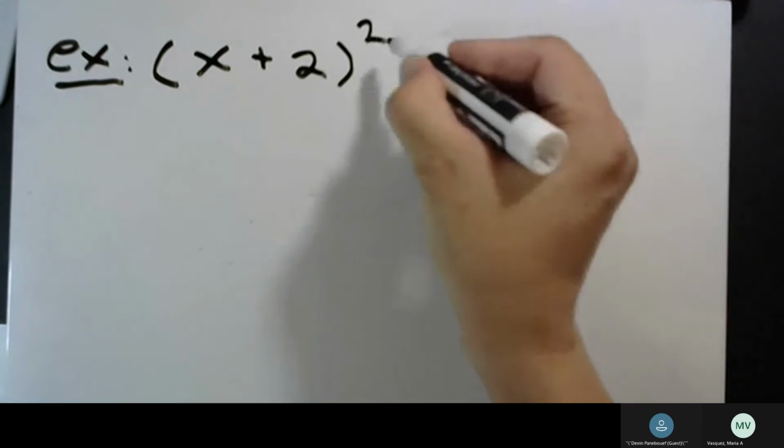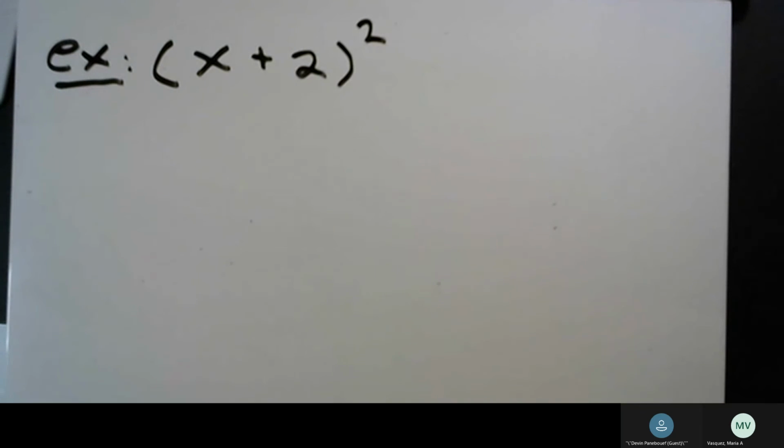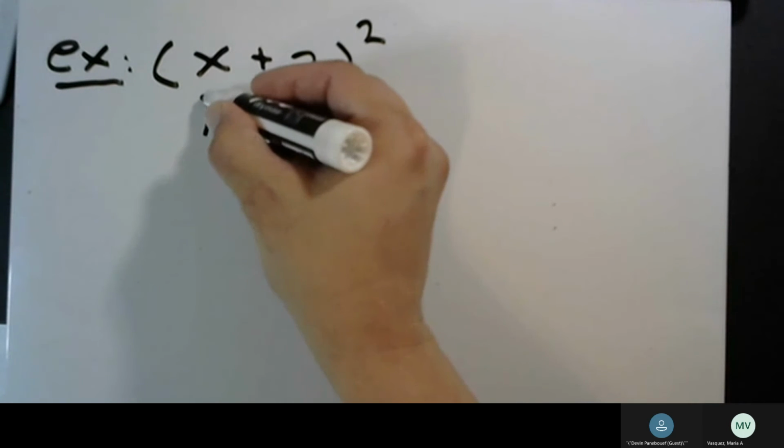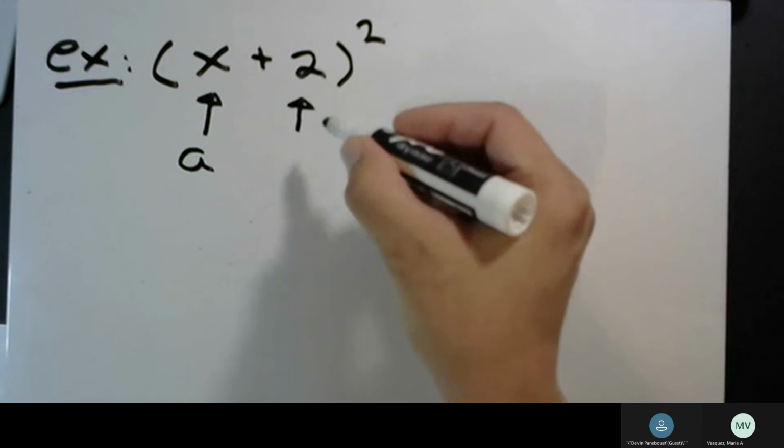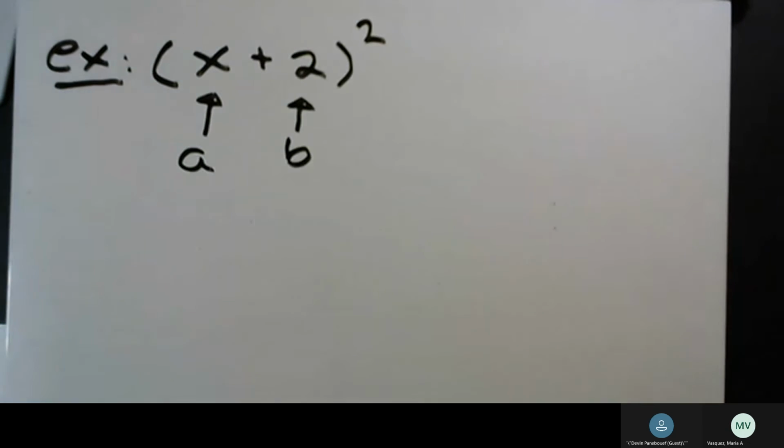Now, the idea of these special products is that they're patterns, so we don't have to fully FOIL things every time. We can come up with a shortcut. So for this, x will play the role of a, and 2 is going to play the role of b.